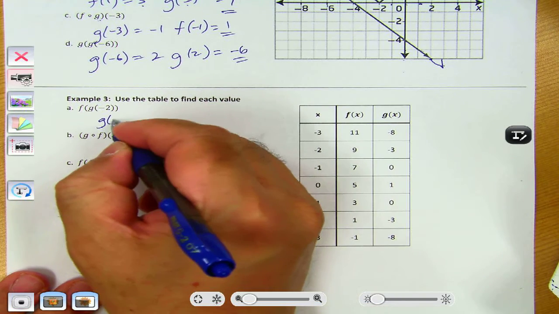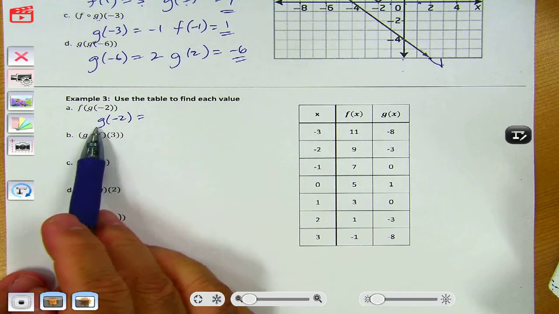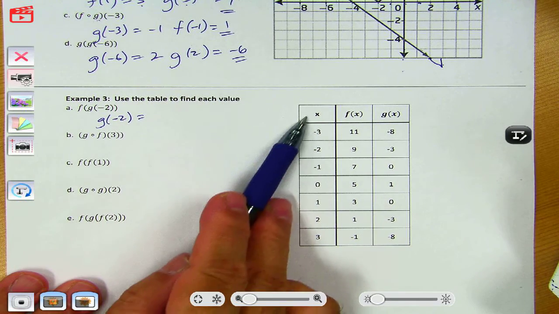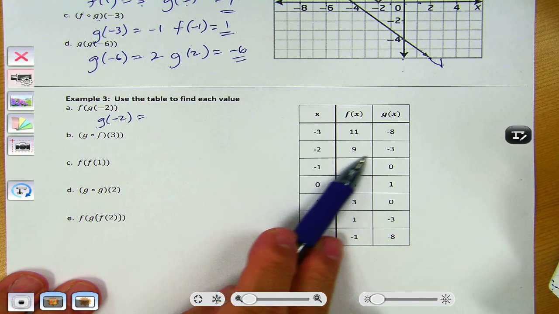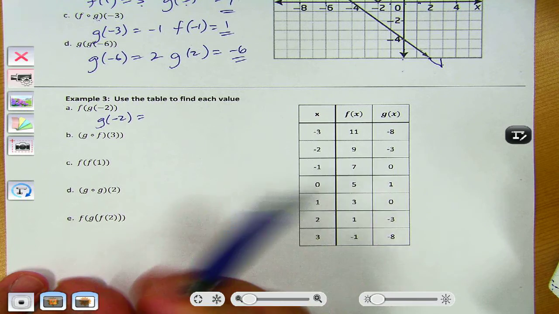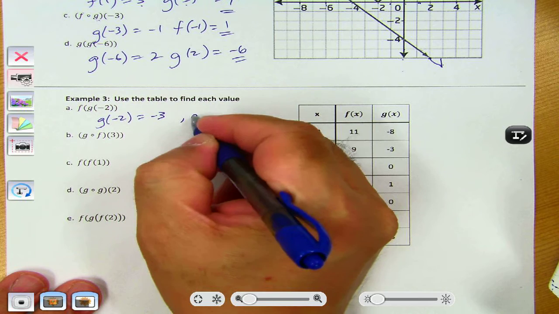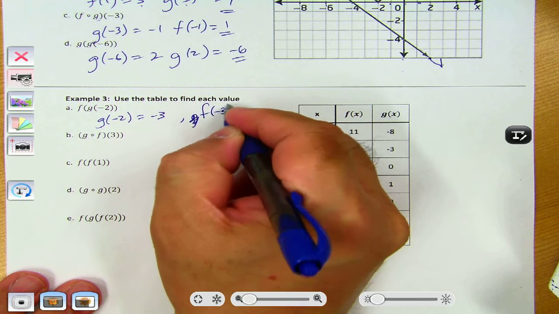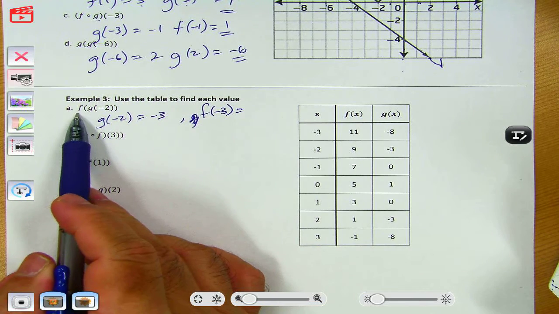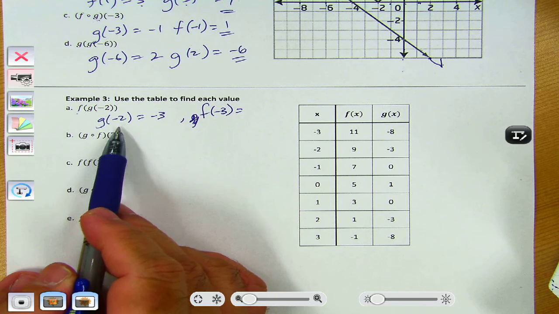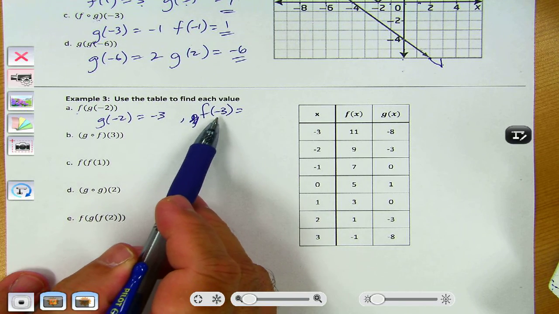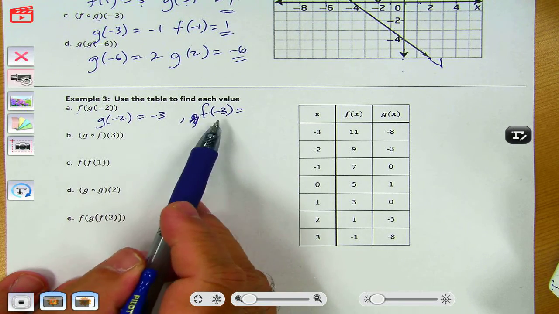So g of -2. Remember that's x, so x equals -2, and g of -2 is -3. And then f of -3. That's what's next. F of whatever comes out of that, and -3 came out of g of -2, so it's f of -3.